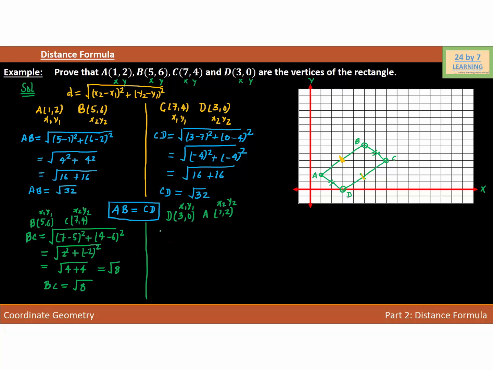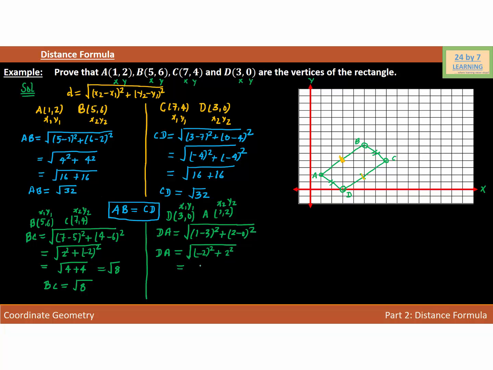So DA is equal to square root of x2 minus x1 squared, so 1 minus 3 squared plus y2 minus y1, which is 2 minus 0 squared. So DA equals the square root of, we know that 1 minus 3 is negative 2 squared plus 2 minus 0 is 2 squared.